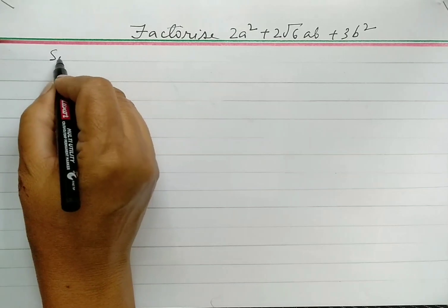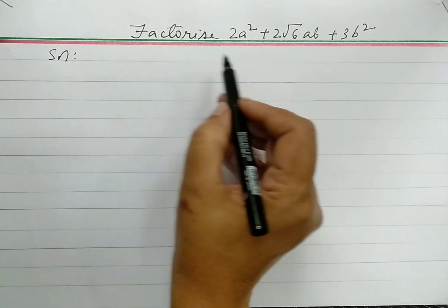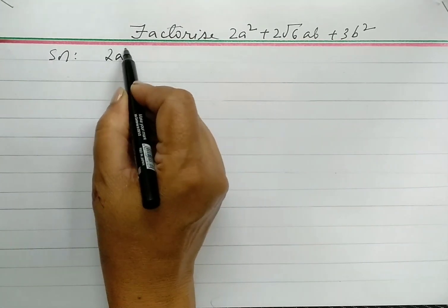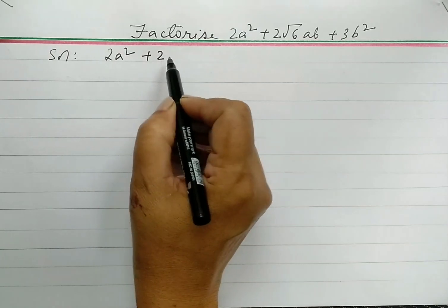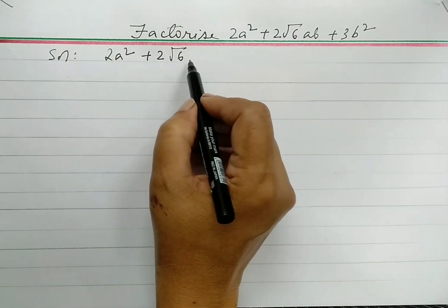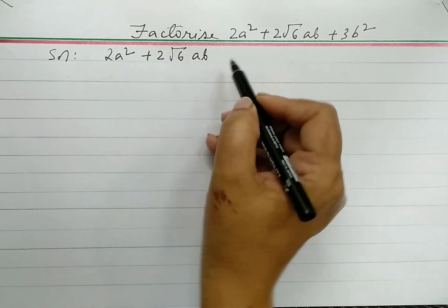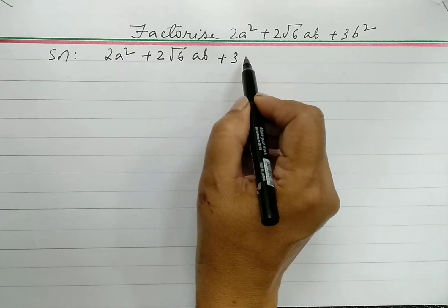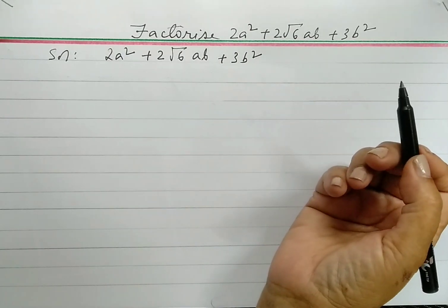So let's get started. We have 2a² + 2√6 a multiplied by b + 3b². Alright.